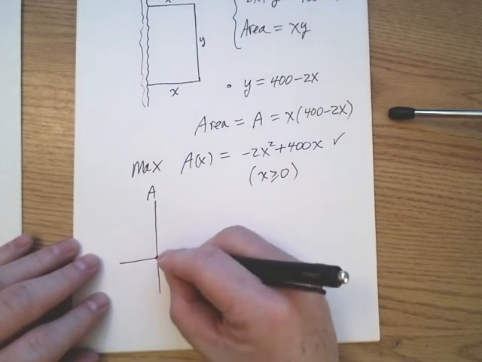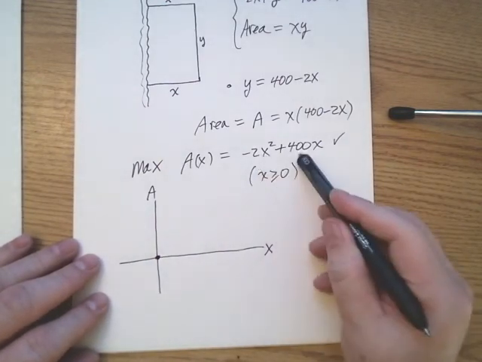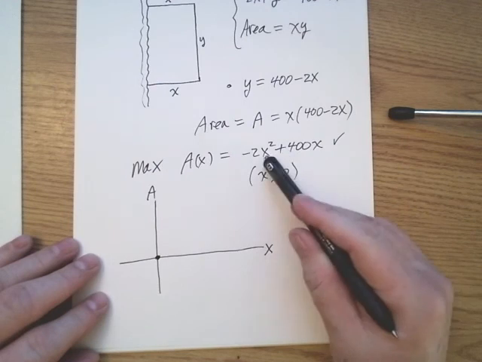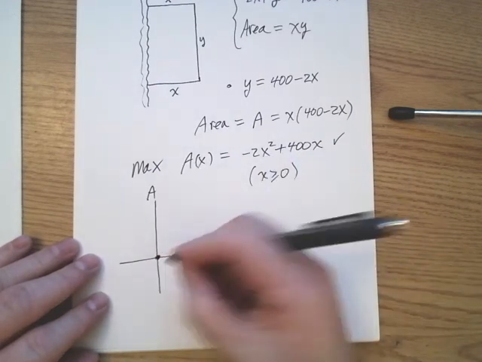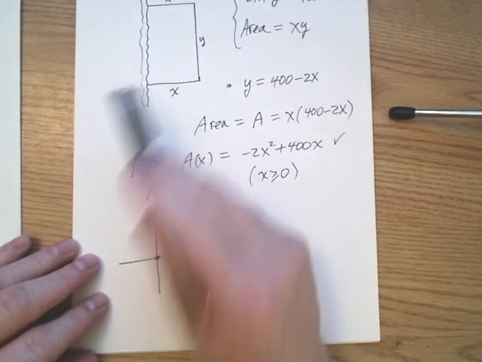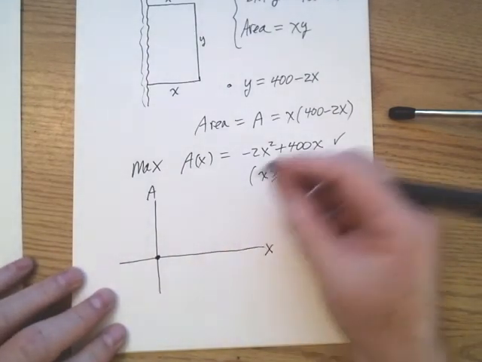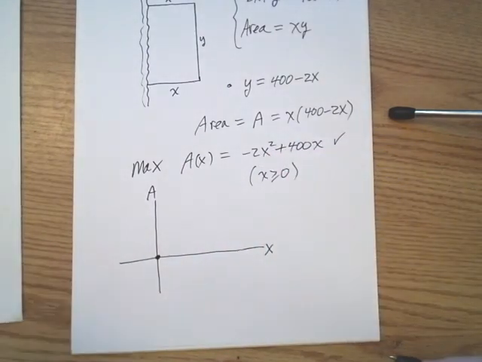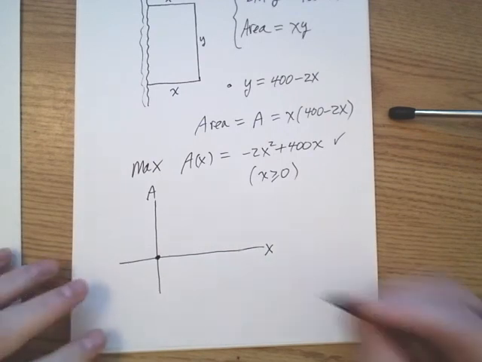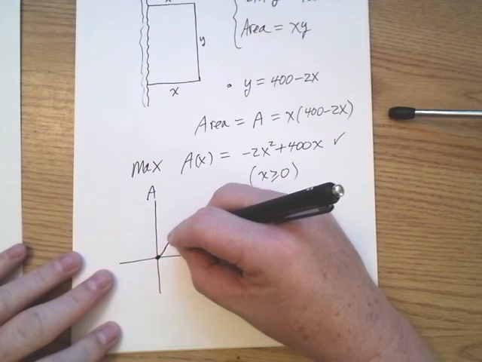Now, you can do this in your head. You can see if x is 0, the area is 0. That makes sense. If it has no width, the area is going to be 0. And this is going to be a frowning parabola again because the leading coefficient is -2, which is obviously negative.